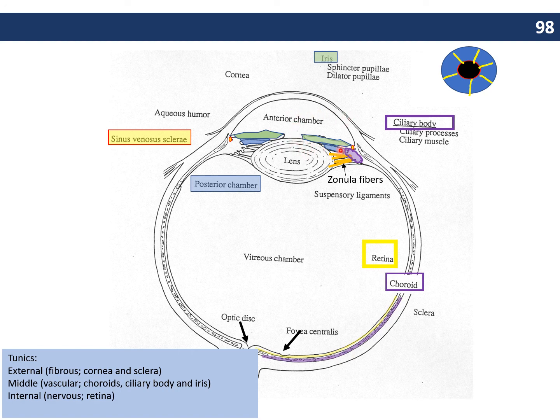And the aqueous humor is made by these ciliary processes, secreted into this posterior chamber, and then it moves into the anterior chamber, and then exits the eye through the sinus venous sclera, and we'll talk a little bit more about that in a minute.